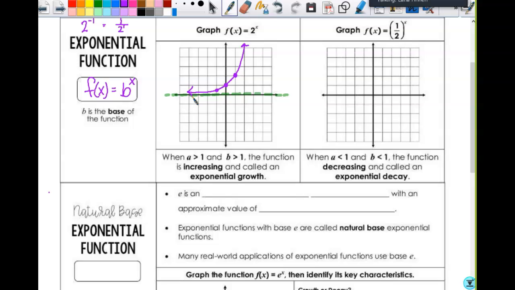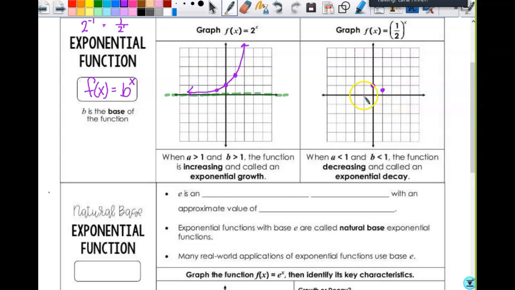But if it's less than 1 or greater than 0, so basically it's a fractional amount less than 1, then let's plot some points over here. If I take 1/2 to the 0 power, what do I get? 1, right? Anything to the 0 power, except 0, is 1. Then if I substitute in 1, 1/2 to the first power is 1/2.